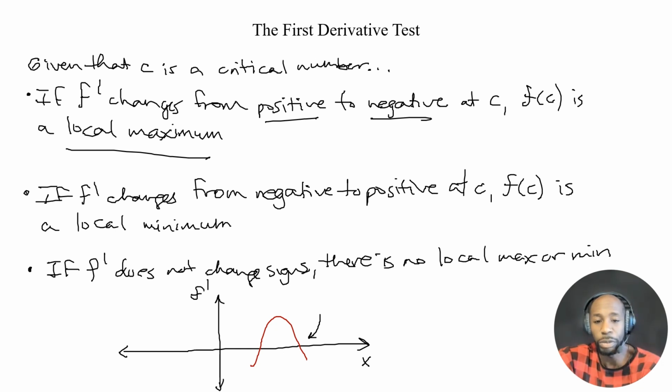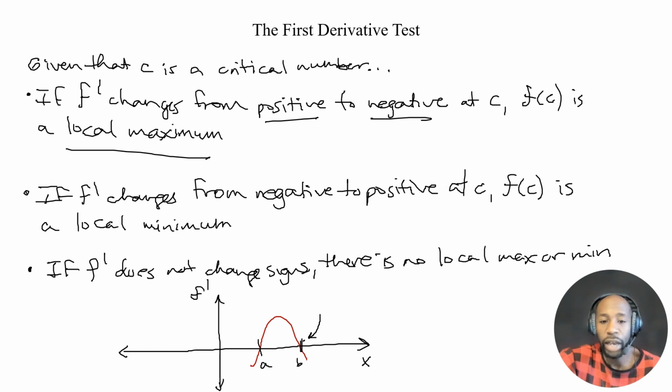It's positive, which means it's above y equals 0 here, and then below the x-axis it's negative. Whatever this x value is, we'll call this A, and we'll call this B.